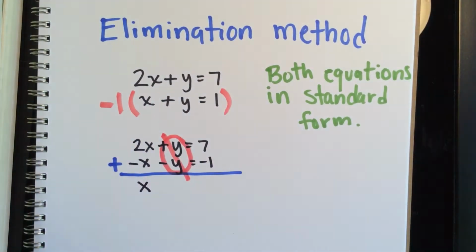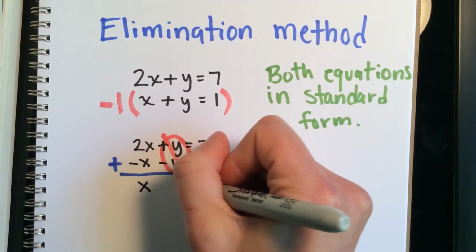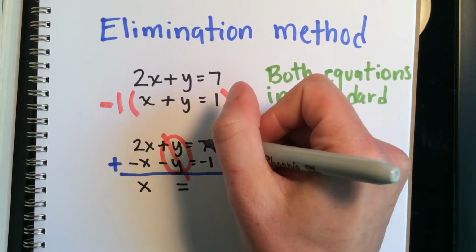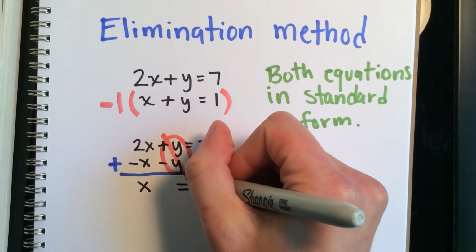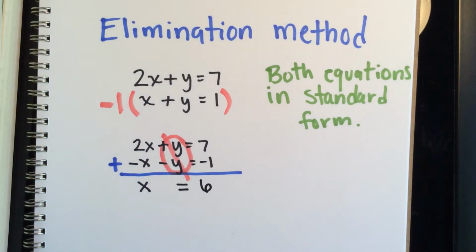So those go away. And then we're just left with equals, and 7 minus 1 is 6. Or 7 plus a -1 is 6. So there, now we have our value for x. We know that x equals 6.